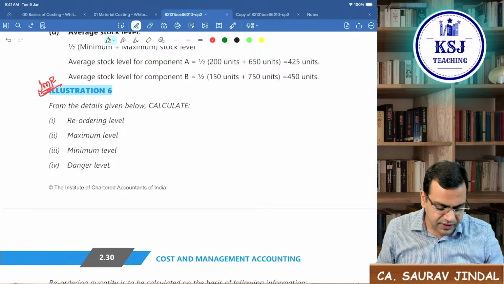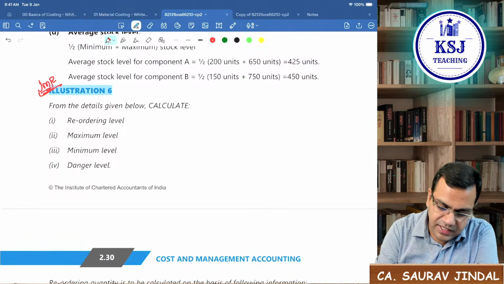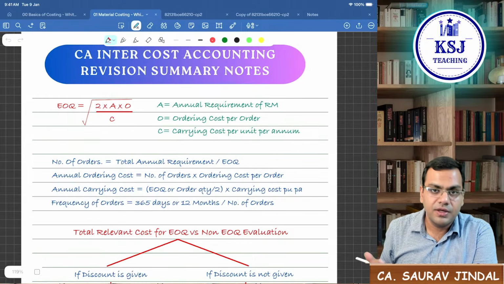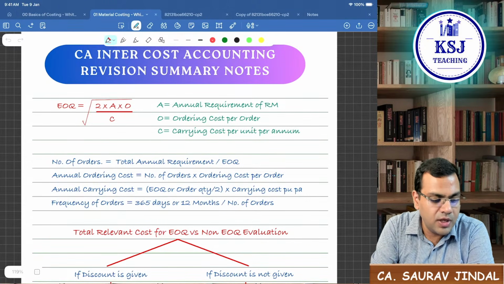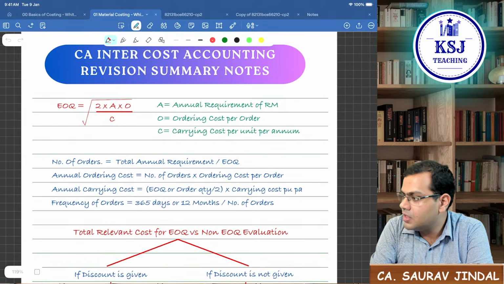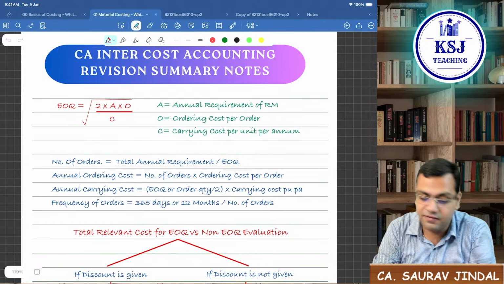Okay, so we'll start with this illustration number 6. Now, one thing when we discussed EOQ. The EOQ tells you the quantity that should be ordered, and ROQ also tells you the quantity that we are ordering.